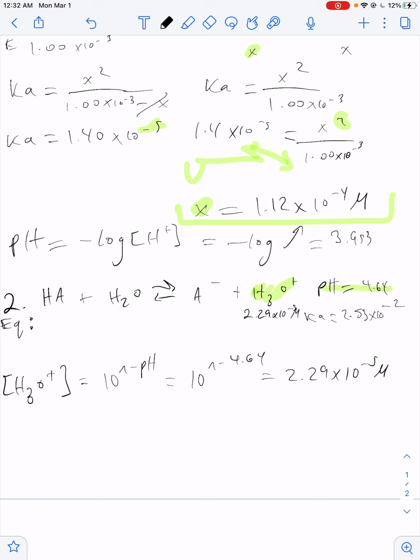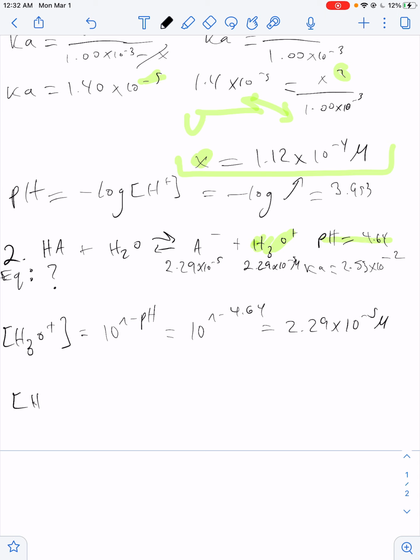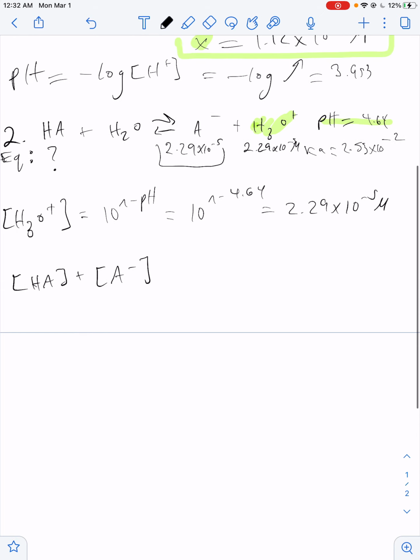Since it's a 1-to-1 ratio, A minus is the exact same thing. Now we need the concentration of HA, because the question is asking for HA plus A minus. We already have A minus, because it's equal to H3O plus.